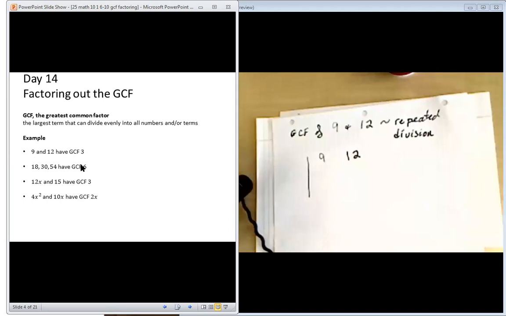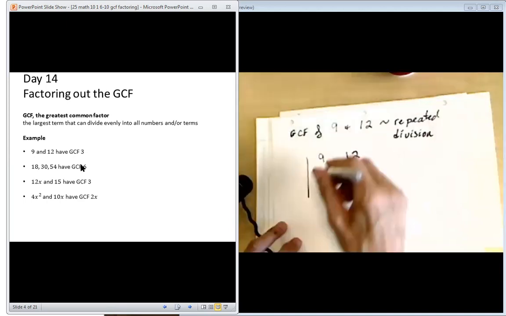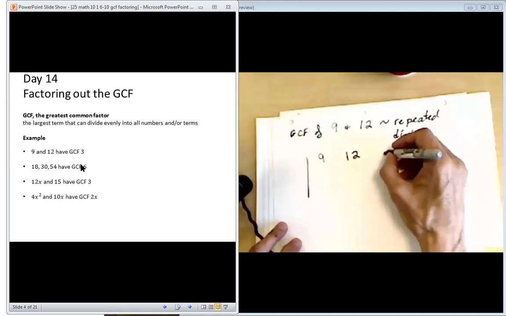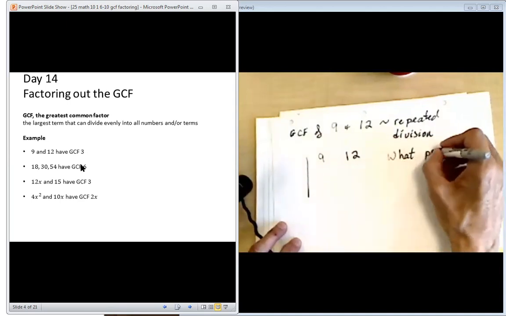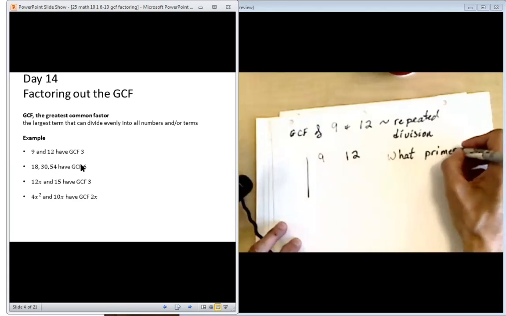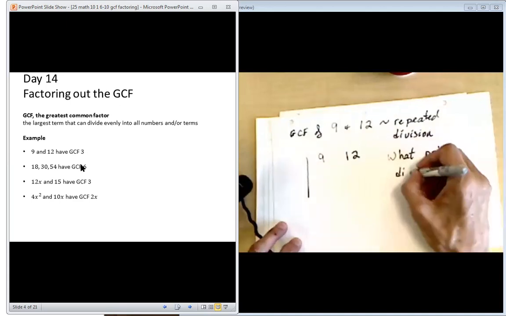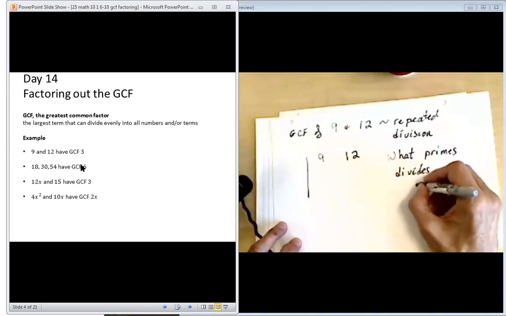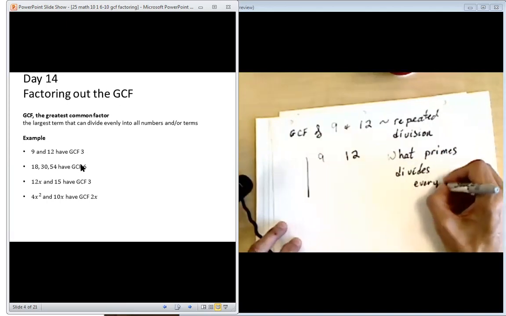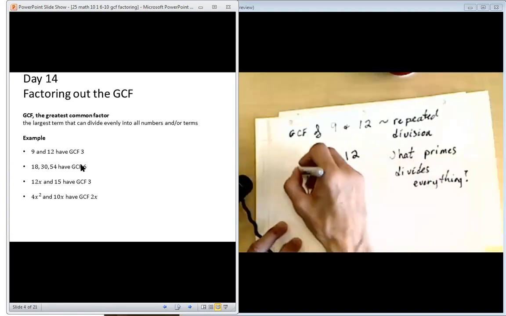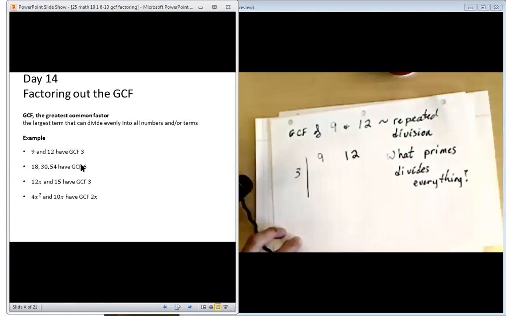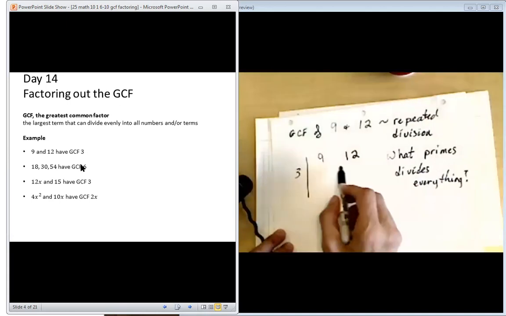Now, you always want to be thinking of primes. So what prime divides everything? Three. Zoom says 3. Thank you very much, Zoom. You are right. You can put a 3 down there because that's what happens. Okay. And now you do the division part.